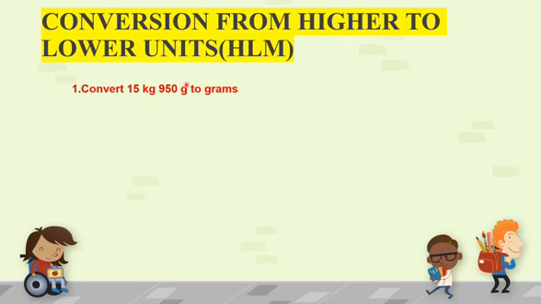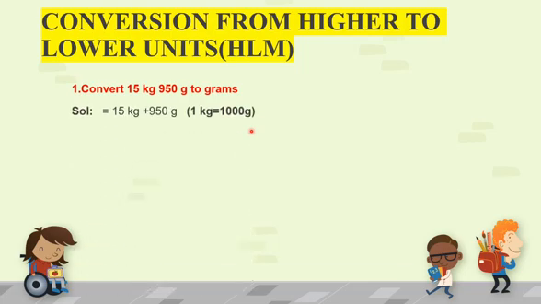But if this is not mentioned, you will understand by seeing the units. Here it is written 15 kg 950 gram to gram. We are converting from kg to gram. Kg is the higher unit, gram is the smaller unit. So here we are converting from higher to lower, and since we are converting from higher unit to lower unit, we will multiply.